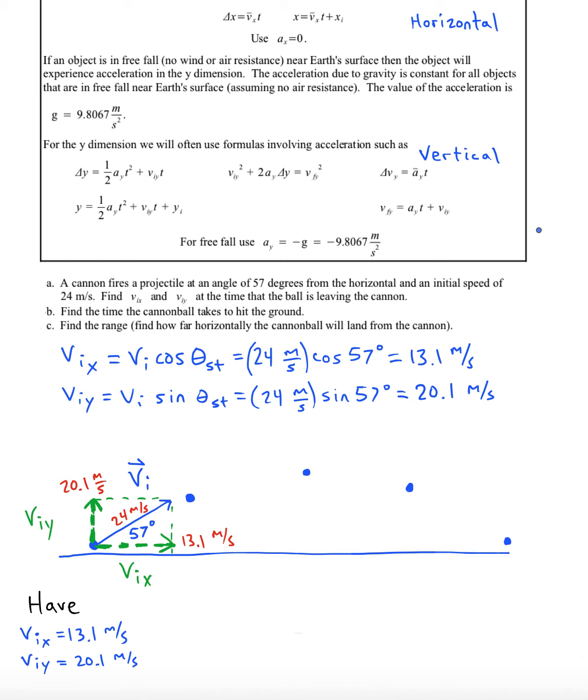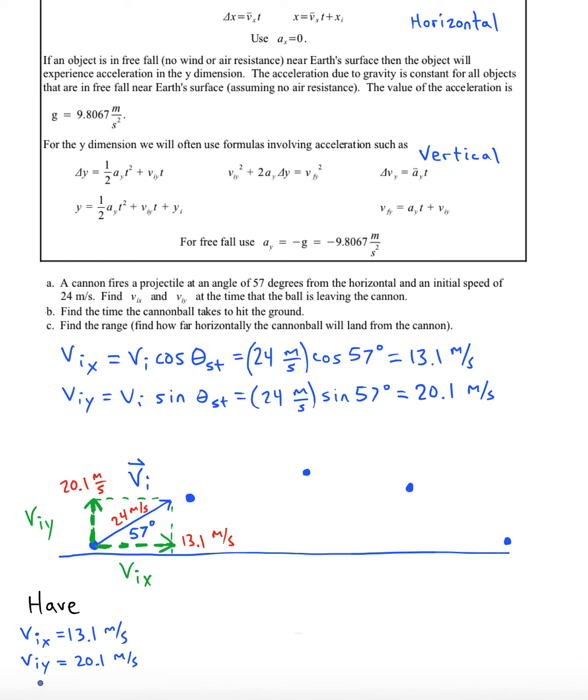Is there anything else out of all the different motion quantities that we have? Well, there's one thing in free fall that you can always count on. We always know the acceleration due to gravity in free fall. It's something that's constant no matter what the object is that Earth is pulling on, as long as air resistance is negligible.